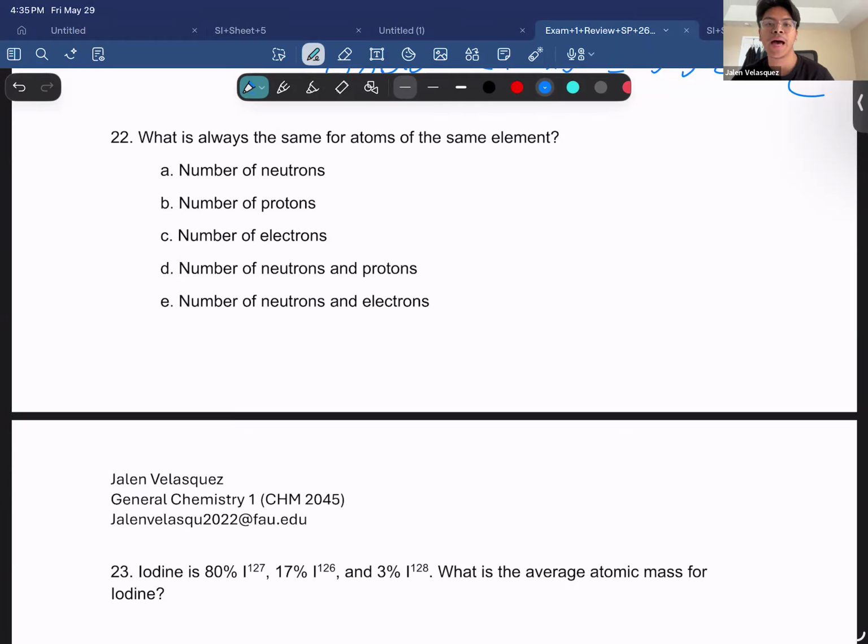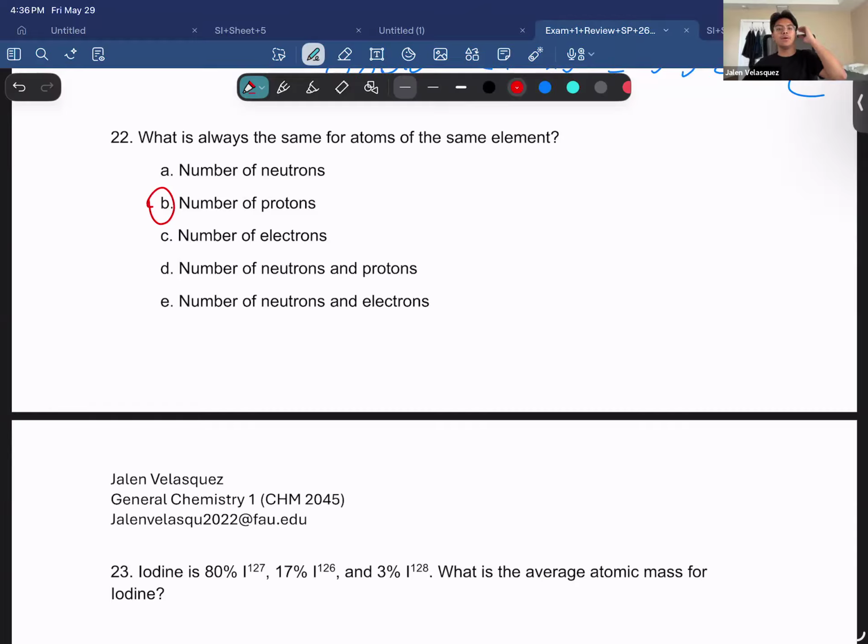So what is always going to be the same for atoms of the same element? So the answer is going to be B, the number of protons, right?